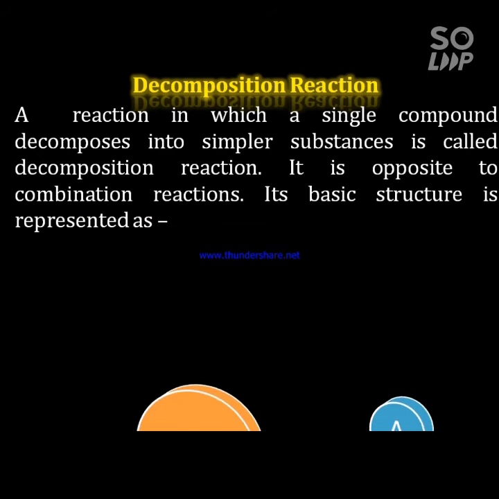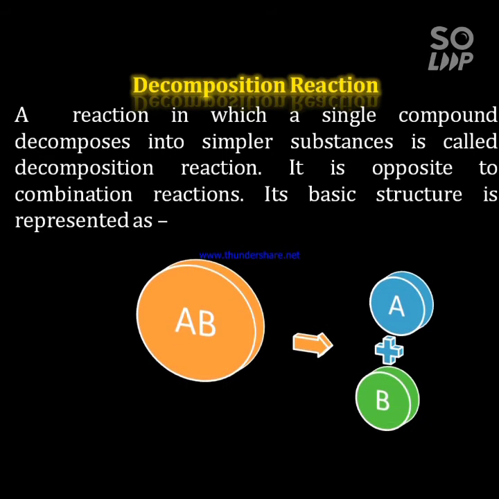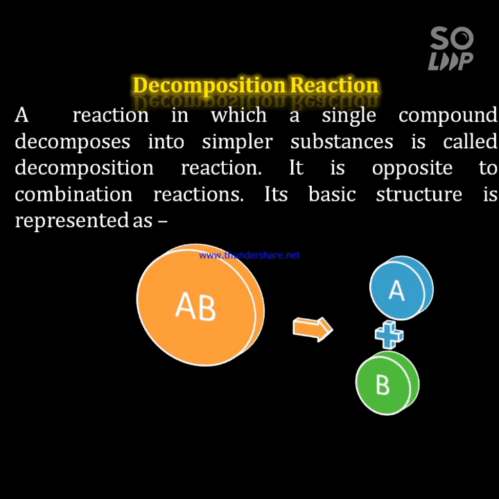Now here the one single reactant is AB, and on applying either heat or electricity or sunlight, this compound AB breaks down into two different elements A and B. As shown in the structure, there must be some external factor involved in the breakdown of the compound into simple species.